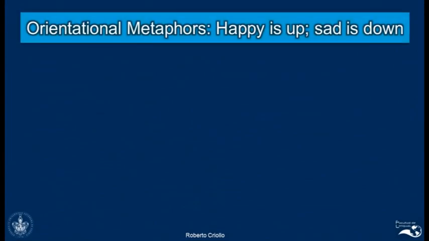I will now show you some examples to demonstrate that metaphors have a conceptual basis and that they are systematic in nature. Let's begin by talking about this orientational metaphor: happy is up and sad is down. If we look at this metaphor, we can see that it can be realized in specific sentences in many different ways.